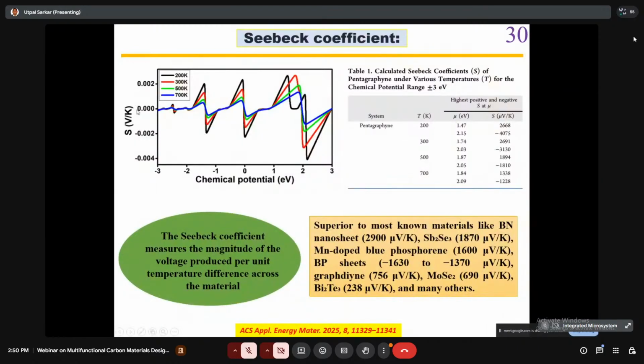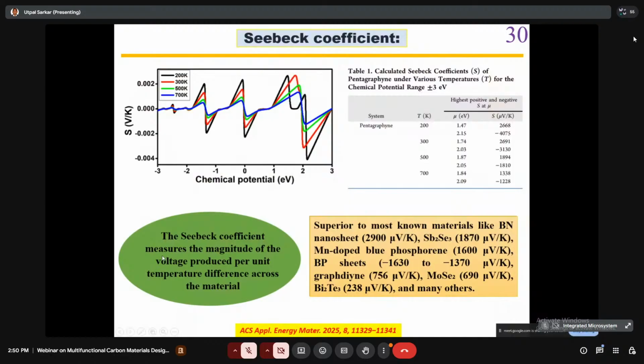We have calculated the Seebeck coefficient. The highest Seebeck coefficients are here and here for 200 Kelvin, while 300, 500 and 700 Kelvin are situated here. You see that when we increase the temperature, our Seebeck coefficient is decreasing.